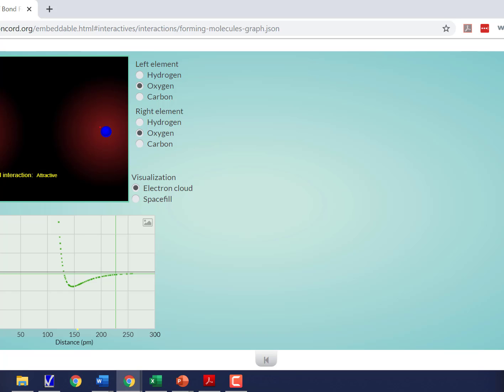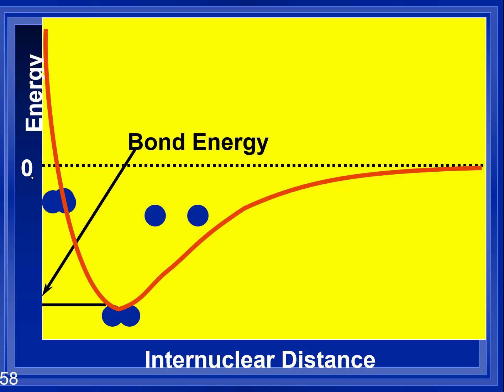Does that make sense? Right? So that's what they mean by lowest energy. Okay? And that overlapping, that low energy comes from filling noble gas configurations.